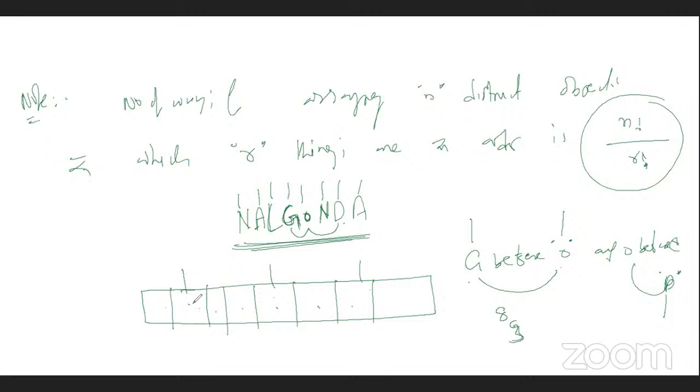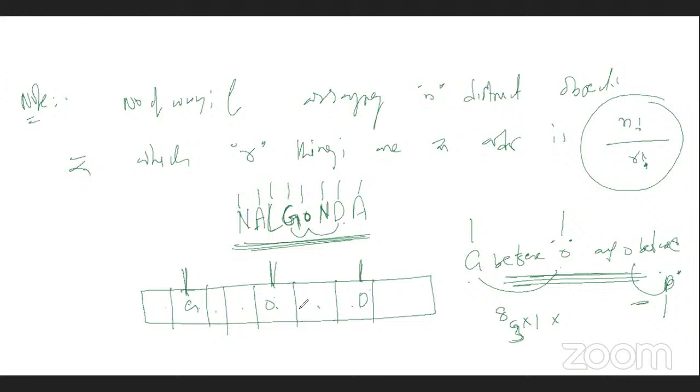G, O and D. In how many ways we can arrange G, O, D according to the condition? చాలా జాగ్రత్తగా వినాలి. In these 3 boxes, in how many ways I can arrange G, O, D according to the given condition? What is the condition? Only one way, sir. One way, because G should be here, O should be here, D should be here.